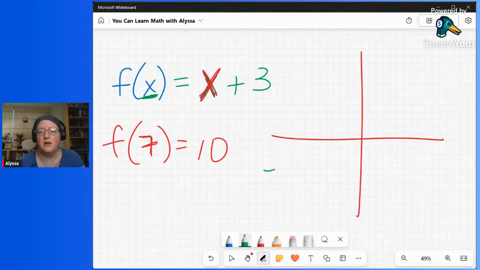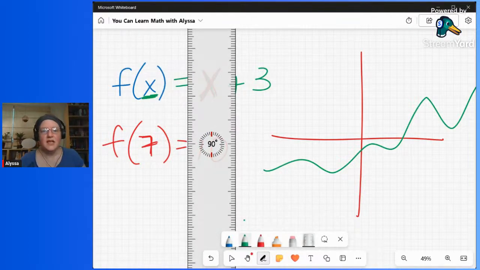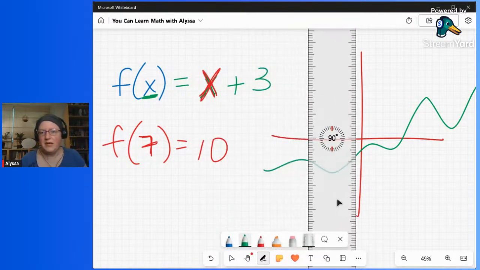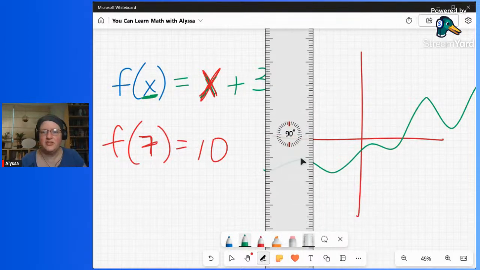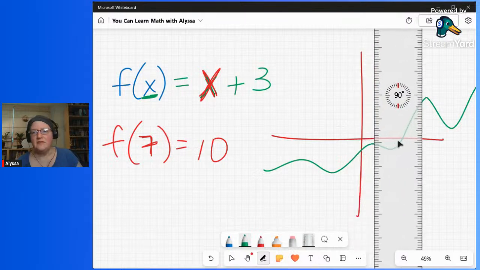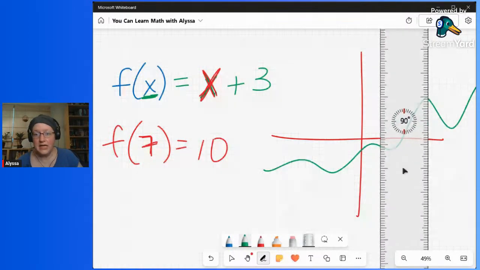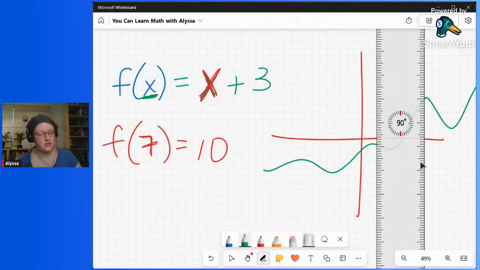The one surefire way to see if it's a function is the vertical line test. So you take a ruler, piece of paper, a straight line, whatever, and you drag it along, and I'm just looking at the right edge of this ruler. If you drag it along, is there ever a place where it crosses the line more than once? If the answer is no, it's a function.